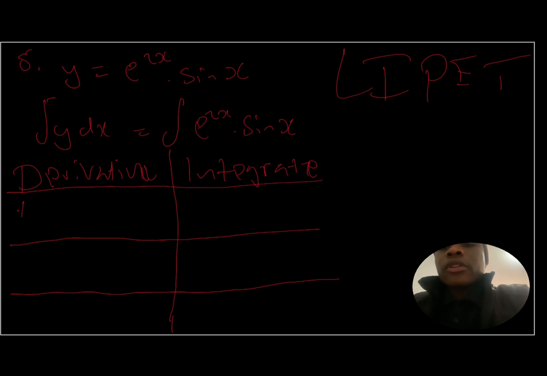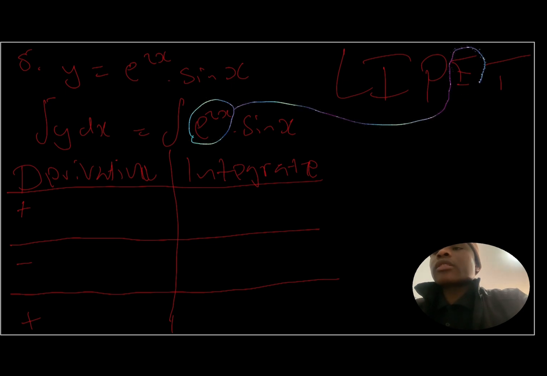Every row should have its own sign as a pattern: plus, minus, plus. The first one that comes in the order is the one that we derive.